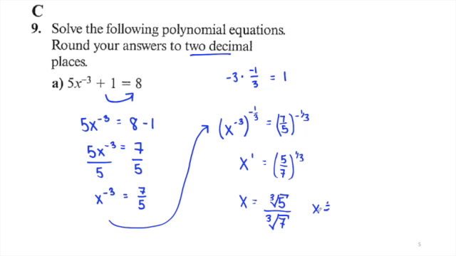So the cube root of 5, which is 1.70997597, all over the cube root of 7, which is 1.912931183, and then you're just going to divide that.